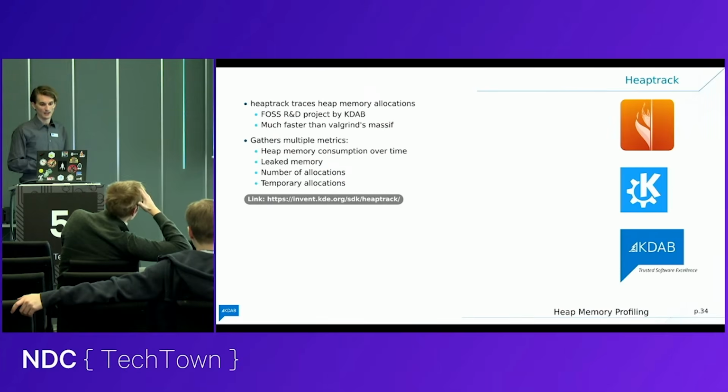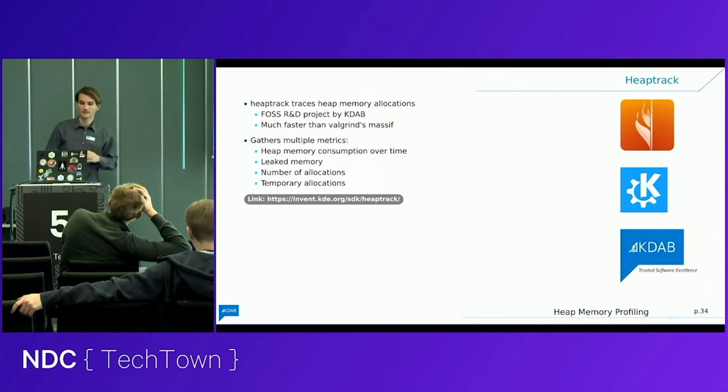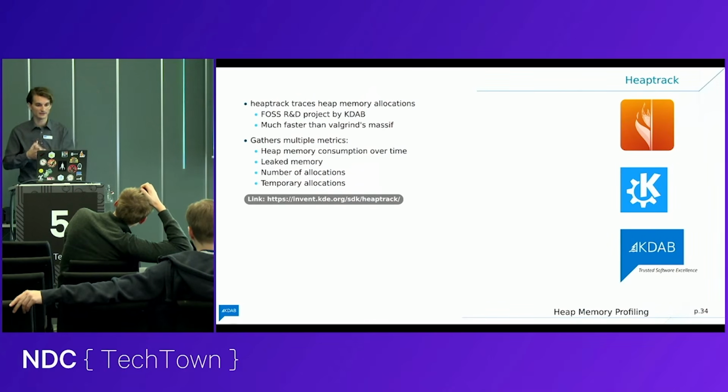So, Heaptrack, another project by myself, which is also sponsored by KDAB, but it's also part of the KDE project. And it's basically a much faster Valgrind massif for profiling memory consumption. What we are doing essentially is we intercept every single malloc event that you trigger, so malloc, operator new, realloc, all of these things.